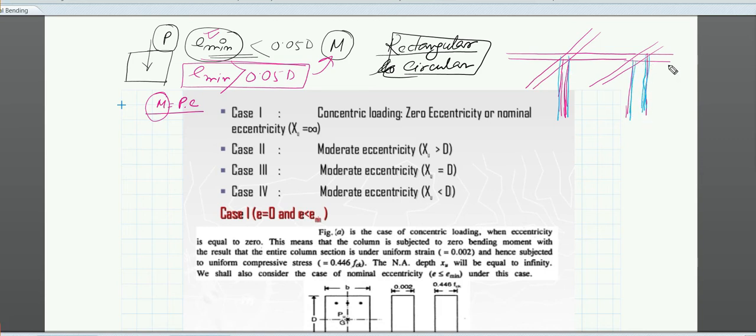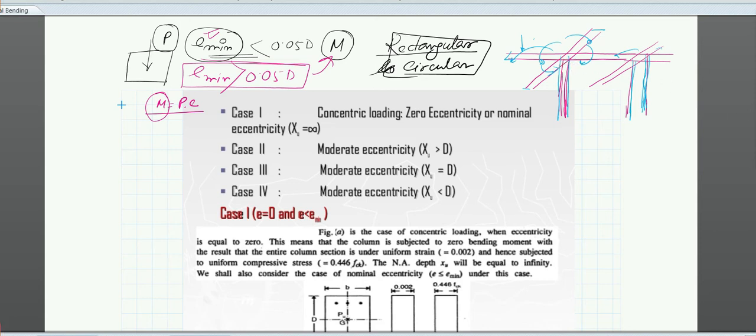Now when there is loading, the beam will deflect, so a moment will come here. The moment will come from all the sides. If these moments are not balanced, then this will in turn apply a moment to the column.